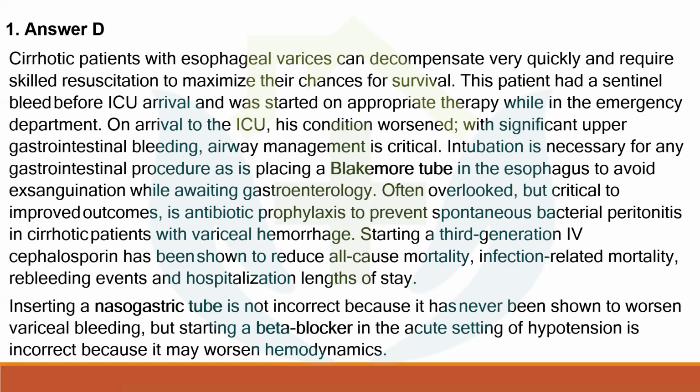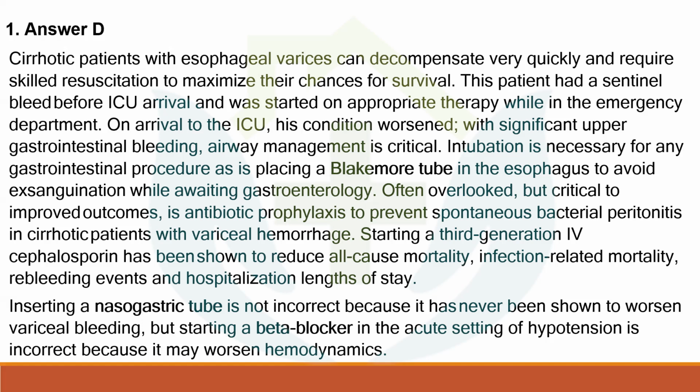Airway management is critical. Intubation is necessary for procedures such as placing a Blackmore tube in the esophagus, to avoid exsanguination while awaiting gastroenterology. So the most important catch here was that you have to intubate the patient before putting a tube, because that will prevent aspiration.